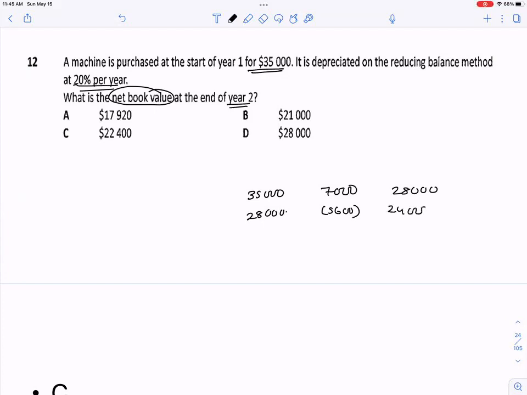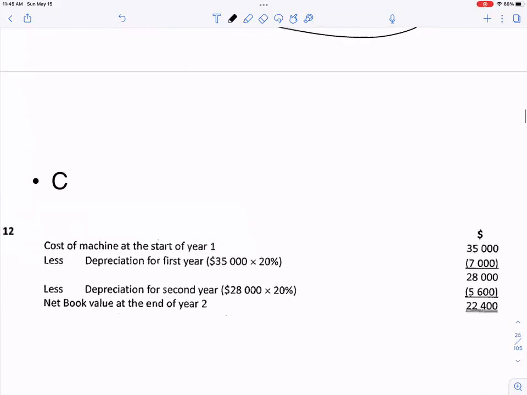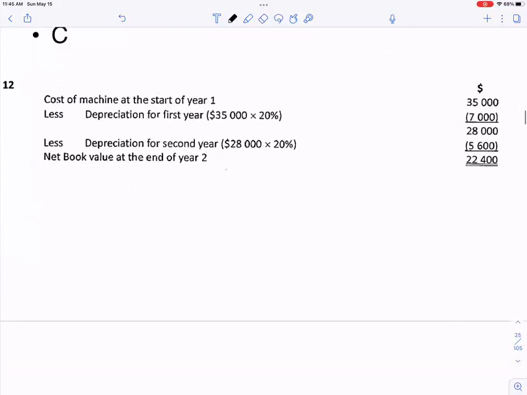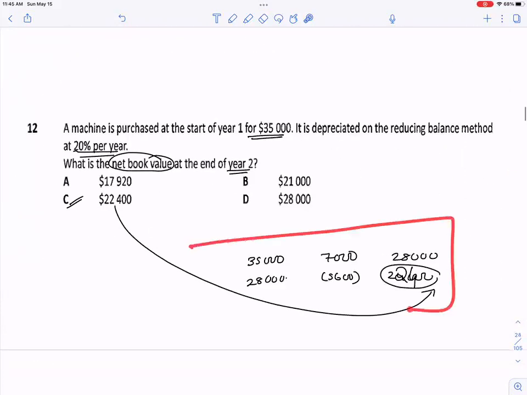So they want the net book value at the end of year two. For the reducing balance method, always do this box for the calculation, and then read the question and come up to your answer.